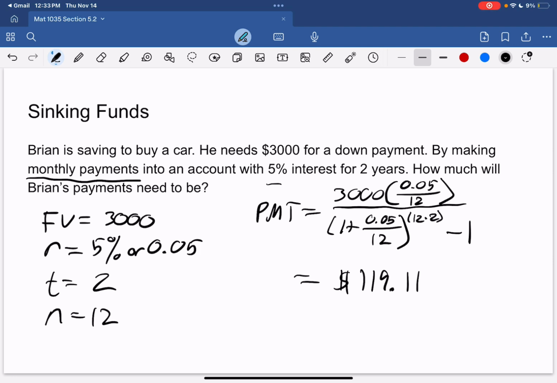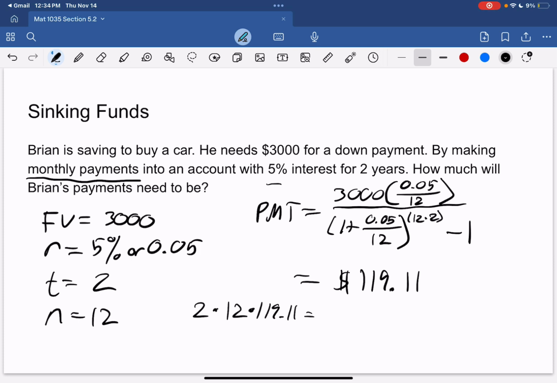And so if we wanted to do a quick check of that again, I know that I'm going to make 2 years' worth of payments times 12, times 119.11. So then I can just check and see, does that answer make sense? Do I get to my desired future value?